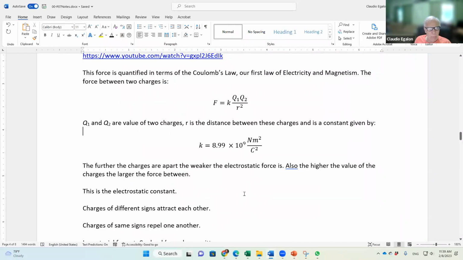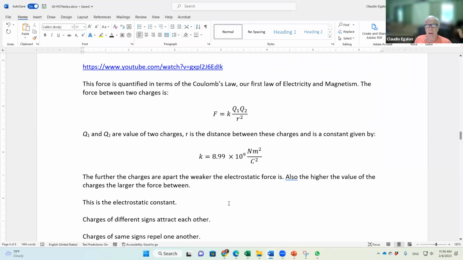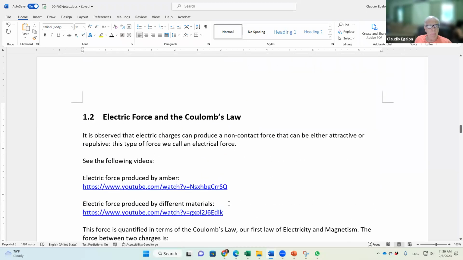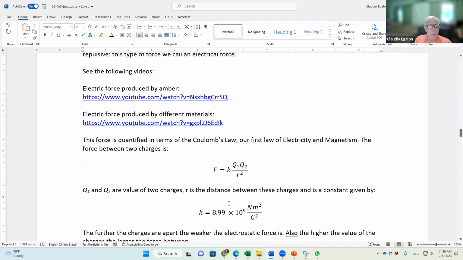Electricity and magnetism, I would say, is the most difficult part of physics. It's not easy, because it deals with very abstract concepts, things that you cannot readily see. You have to imagine in your head that there's this property of electric charge, and those electric charges are usually microscopic in nature.